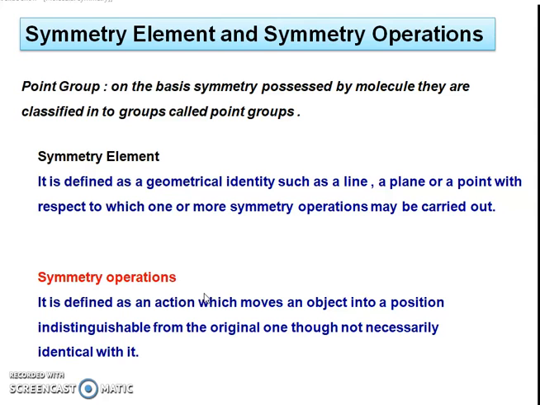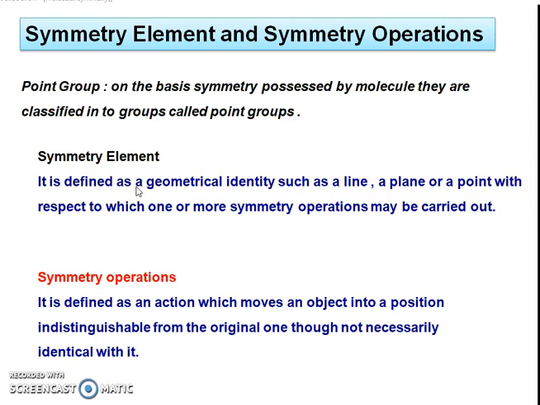You know that point groups are the groups into which molecules are classified on the basis of the symmetry they possess. Next, we have seen symmetry elements, which are very important.